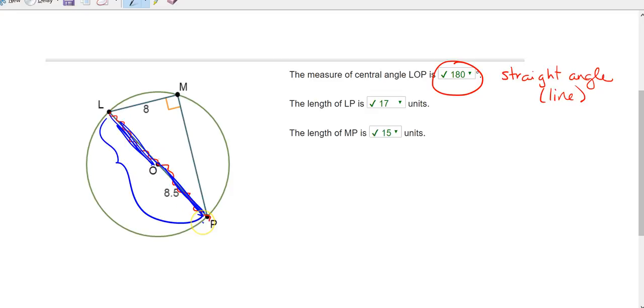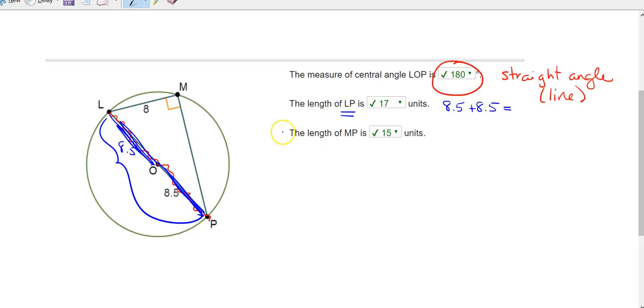If OP is 8.5, what's LO? 8.5. So the question is, what's the length of the whole thing? So it'd be 8.5 plus 8.5 because it would be both radii together. What does that equal? 17. Very good.